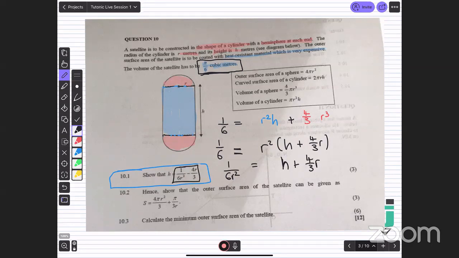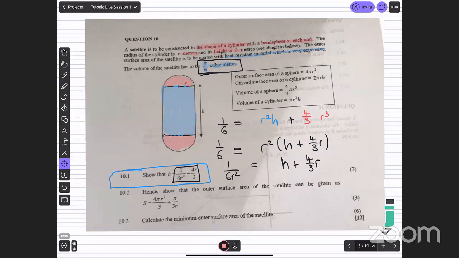Nabila, was that repeated? Please, do you agree with this part here? Sorry, not 1 over 6, pi over 6 equals the volume, right? This is the volume. Do you agree with the volume? Okay. Now, they want us to make h the subject of the formula.